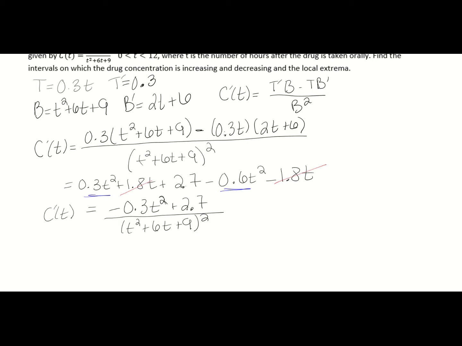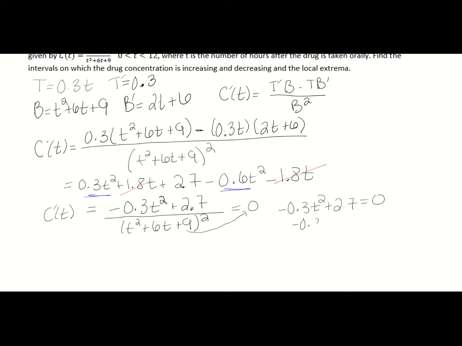Because remember that when I'm taking a look at increase and decrease, I need to take a look at where my derivative is 0 and where my derivative is undefined. So let's take a look at 0 first. So if I set this equal to 0, I will get negative 0.3t squared plus 2.7 is equal to 0. I will bring the 2.7 over.